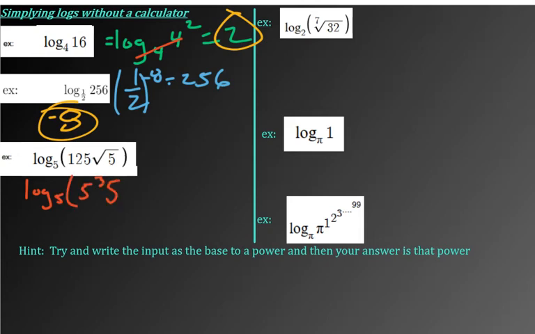So we know 5 cubed is 125 and square root of 5 is 5 to the half. And we also know that you can add exponents. And so this is 5 to the 3.5. And so now, again, you can do this trick where you cancel these things off. And we could just say this equals 3.5.